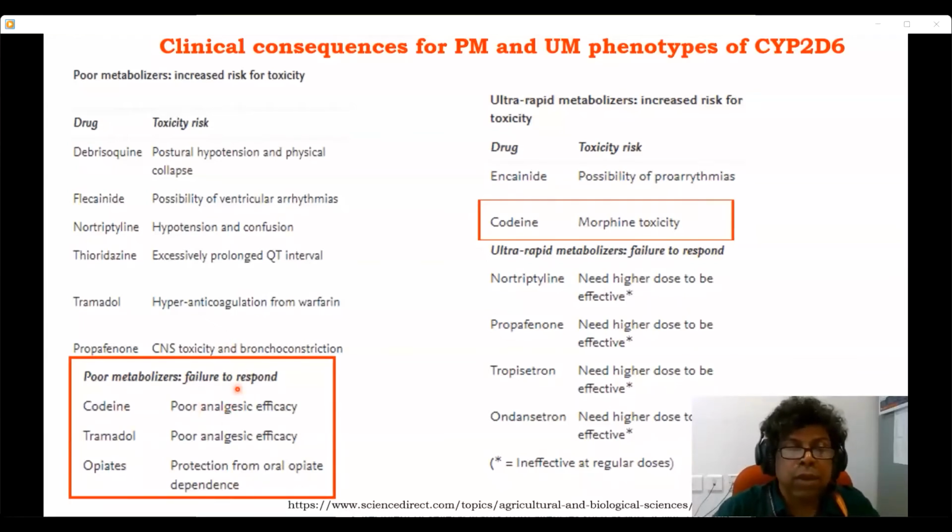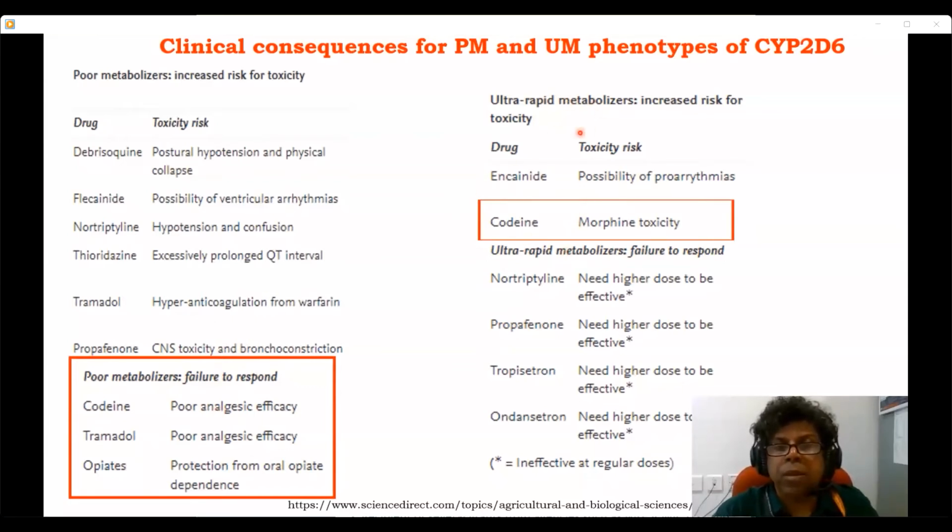Now, on the flip side, when you take these drugs, if they don't have a therapeutic effect, you keep taking this drug. You know what the side effect is? One of the biggest problems with these drugs is respiratory depression. That is why, as I mentioned in my previous slide, in the opioid crisis, many people die because of respiratory failure.